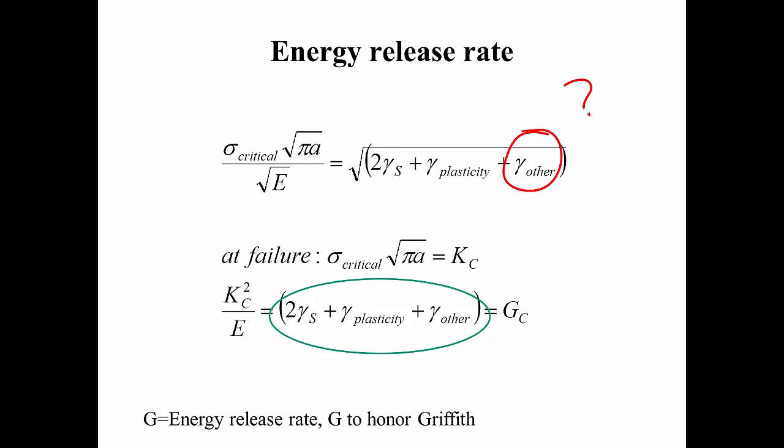If you rearrange things, you can write this ratio and make it equal to this summation of terms that absorb energy, and come up with a new parameter which we call the energy release ratio, which is the more generalized concept that represents all the mechanisms that absorb energy as the crack propagates.